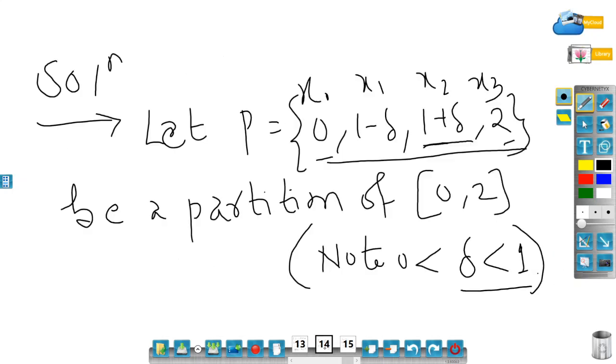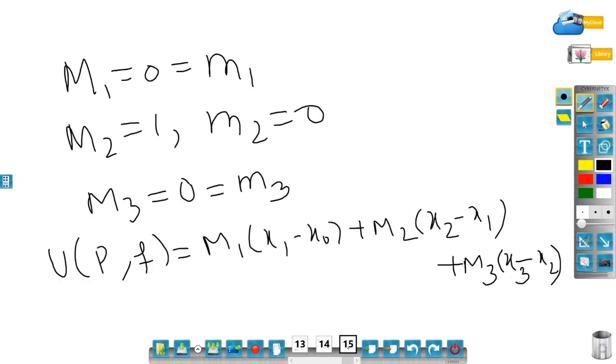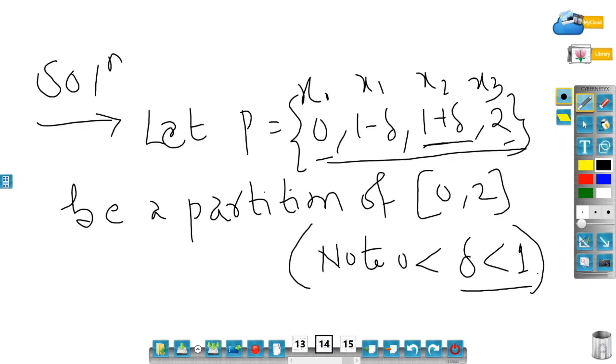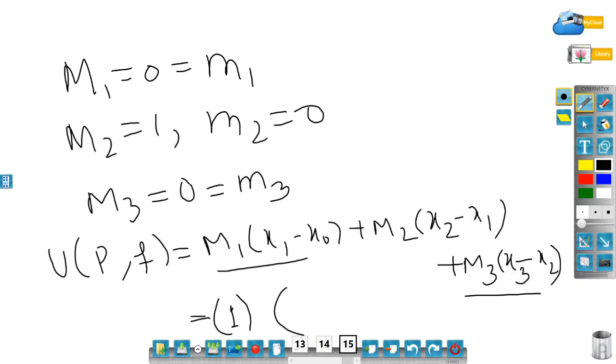Now you can see that M1 is 0 and M3 is also 0, so these two will not survive. Only M2, that is 1, times (x2 minus x1). What is x2 minus x1? 1 plus delta minus 1 minus delta. The 1s get cancelled, and I have 2 delta. So U(P, f) is 2 delta.